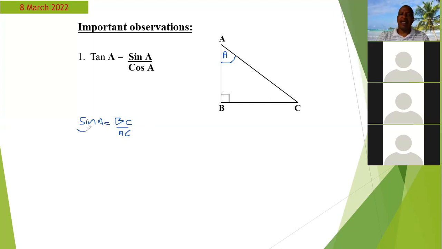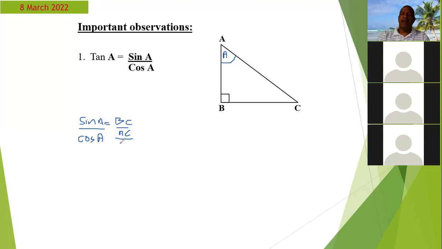All right, so this is sine A, AB over AC, sorry. All right, so this is the sine of A. We want it over the cosine of A. It means that what we have up here is the sine of A, so we need to write it over the cosine.